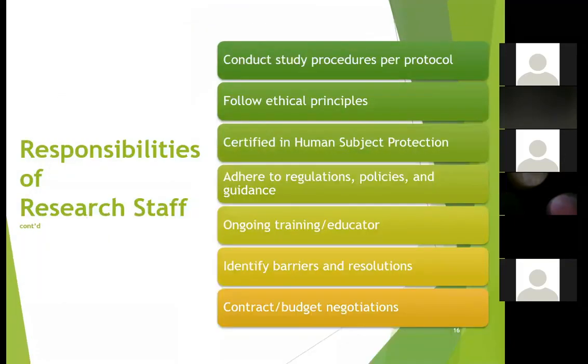So some additional responsibilities include some of the following, like human subject protection training, ongoing training like you're attending now with our Research 101 series, identifying issues, developing resolutions to those problems that might occur with your study. And some of you may even be involved with contract or budget negotiations. So those are some of the responsibilities that the study team takes on.